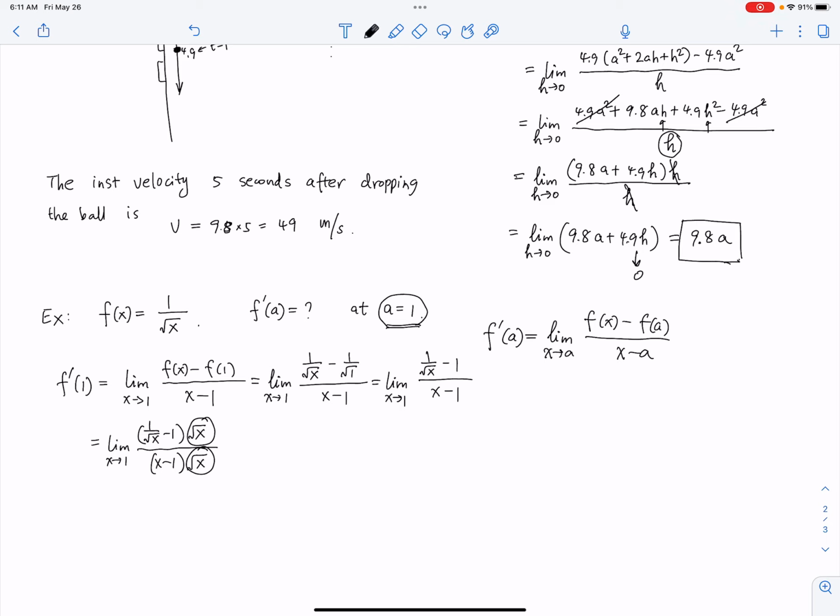So we can still keep this equation. Now the top, you can see that the first term will be 1 over root x times root x, so that will give you 1. The second term is square root of x.